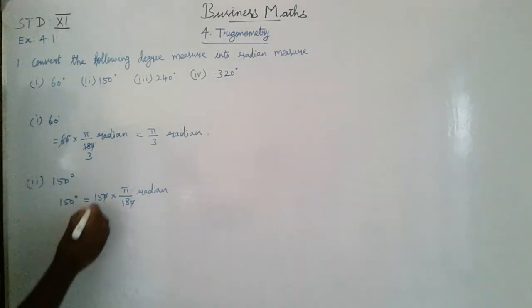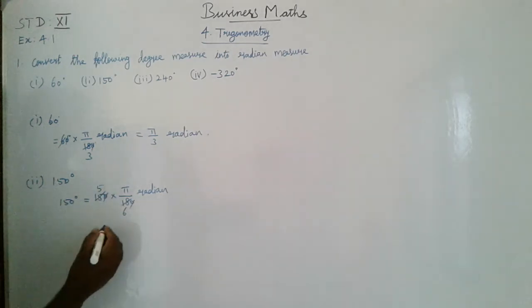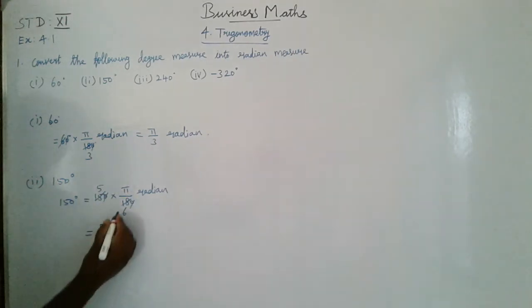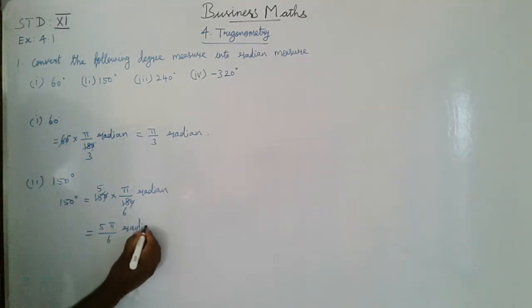Ten tens cancel, 3 fives are 15, 3 sixes are 18, so that is equal to 5 pi divided by 6 radian.